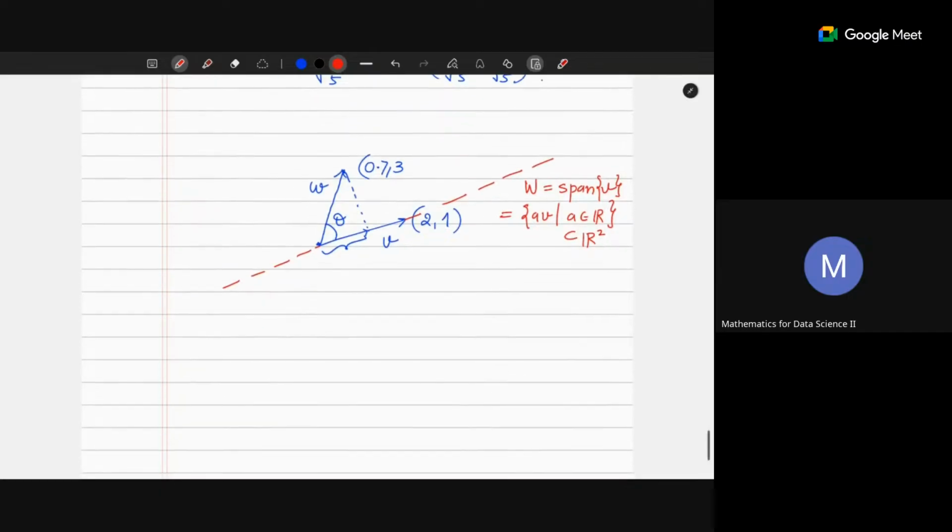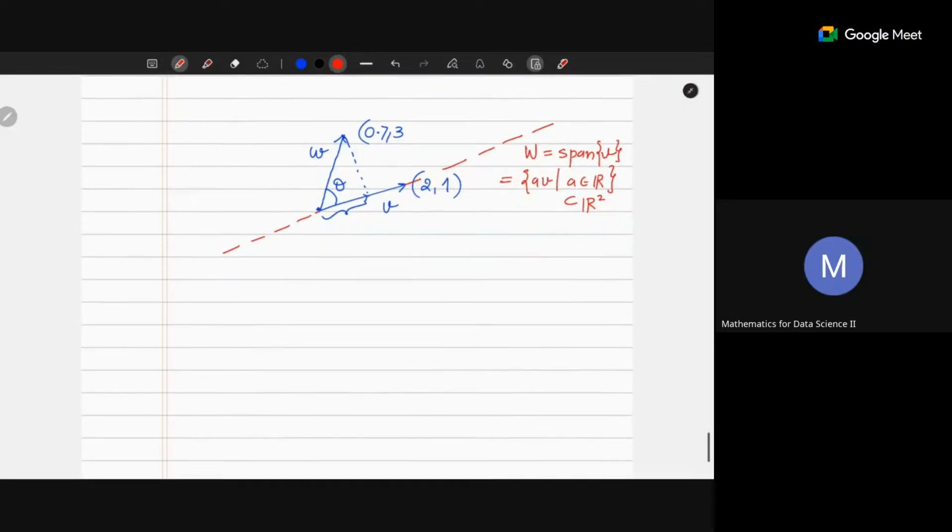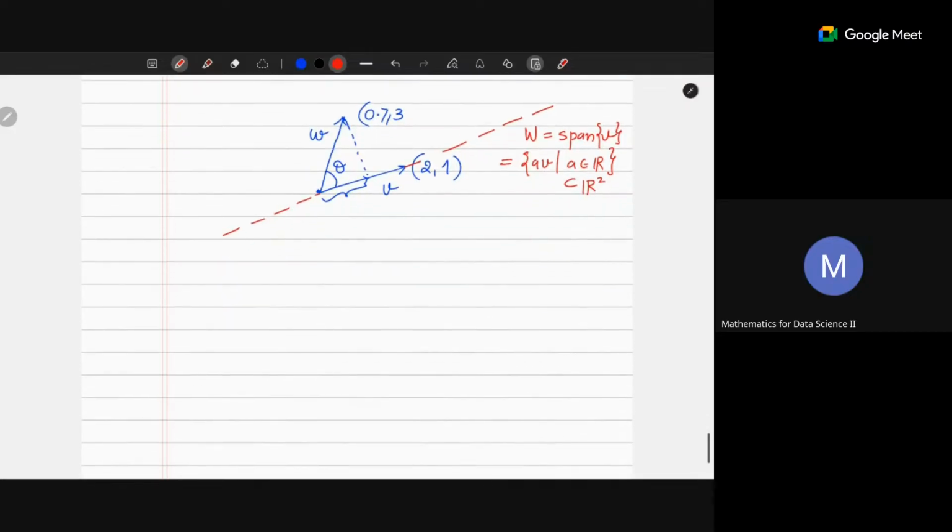Now, if I work in higher dimensions, let's say in Rn, there can be subspaces. For example, if I am in R3, there can be a plane like this, and there can be a vector W going like this.